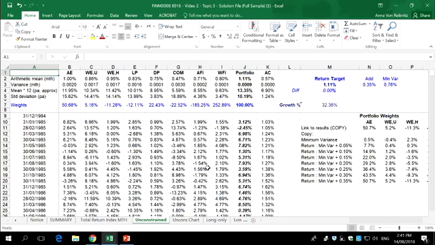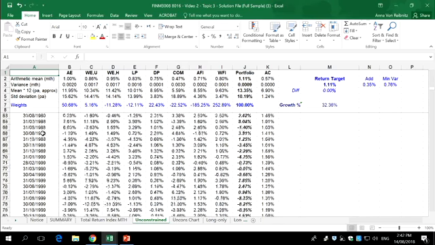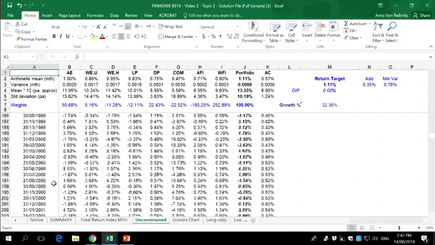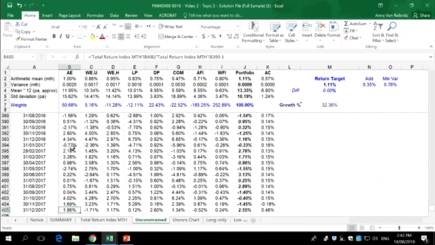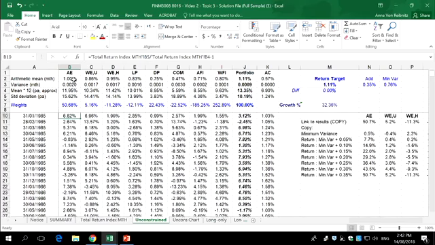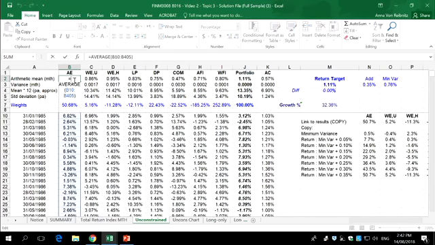The decision to use monthly returns, not quarterly, not annually. The decision to start your analysis in 1985 and continue through to the end of 2017. The decision to calculate expected returns as the historical average of what's occurred in the past.